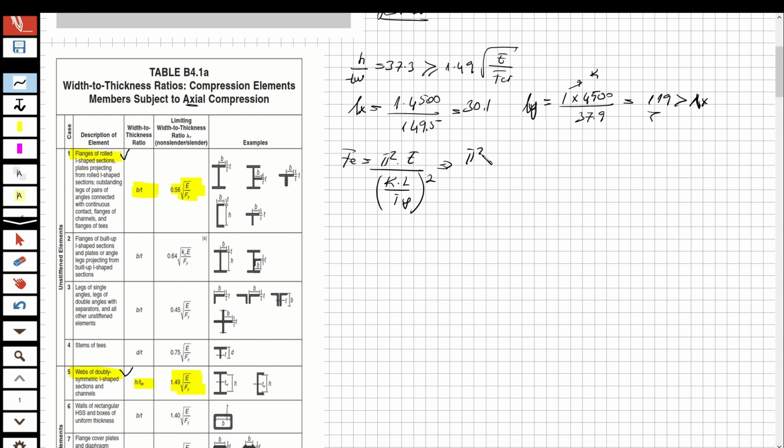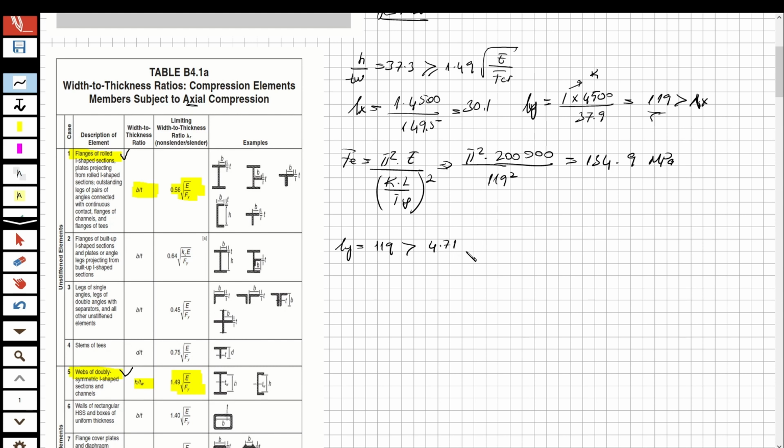This is going to be pi squared multiplied by 200,000 over 119 squared, which is equal to 134.9 megapascals. Now we have the Euler buckling, so let's determine the F critical. For F critical, we are going to use this slenderness ratio, lambda y equal to 119.